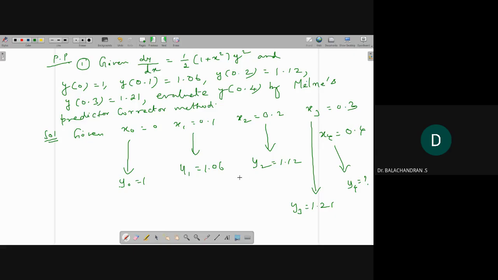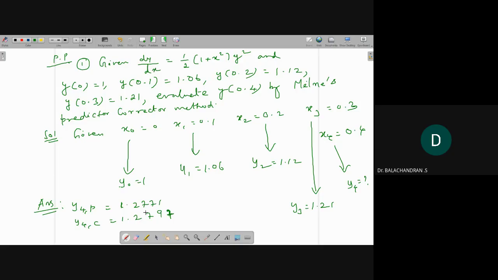I will give the answer also; you can verify. y4 comma p equal to 1.2771, and the corrector formula y4 comma c equal to 1.2797. Okay, so Milne's predictor corrector formula is over.